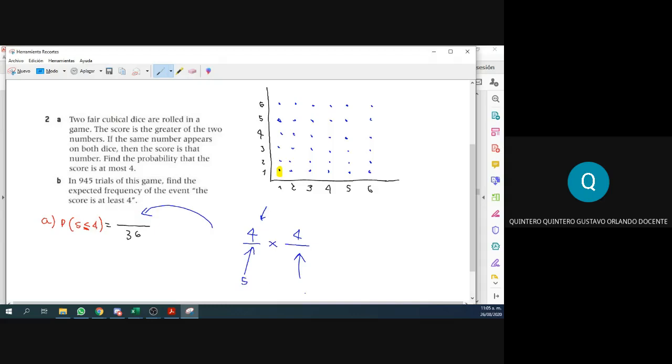So no, you cannot have a 5. Also with 6, it cannot be a 6, because the maximum score will be a 6. And you don't want that. That happens for both this and this square as well. So yeah, that is a proper use of the multiplication principle.